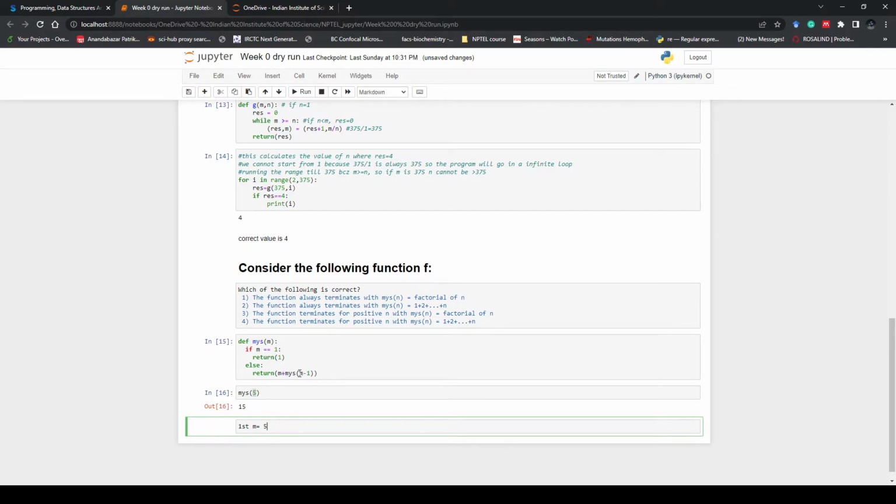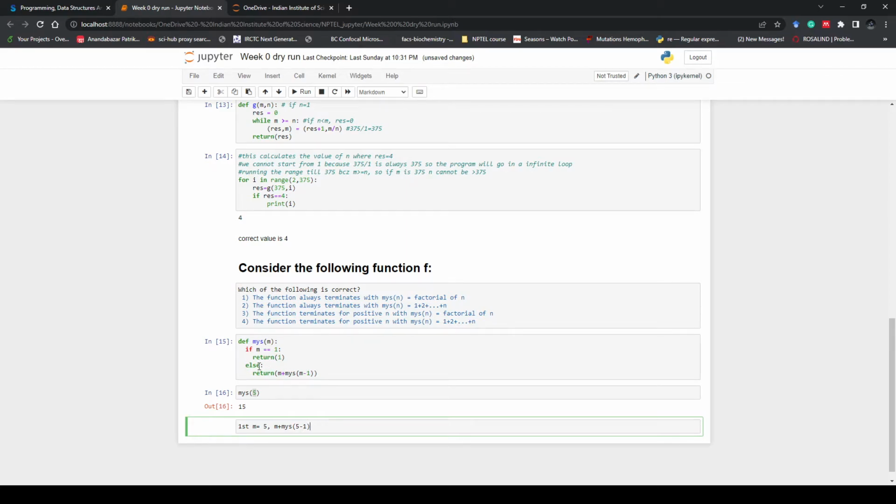So now it is calling mys of m minus 1. So now it will be m plus mys of 5 minus 1, so that will be 4, correct. Now again mys of 5 minus 1 will call the mys function again.